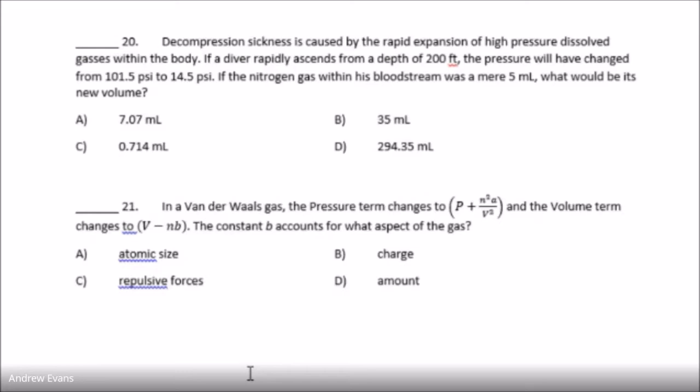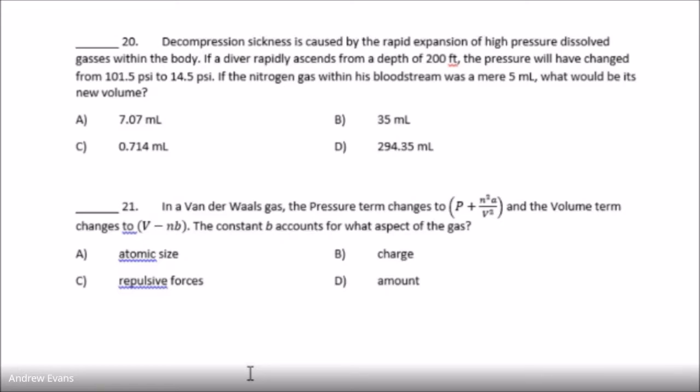We don't even need to change the units. We can leave them the same because pressure will cancel out pressure. P1 is 101.5 psi. P2 is 14.5 psi. The volume one is 5 mils.